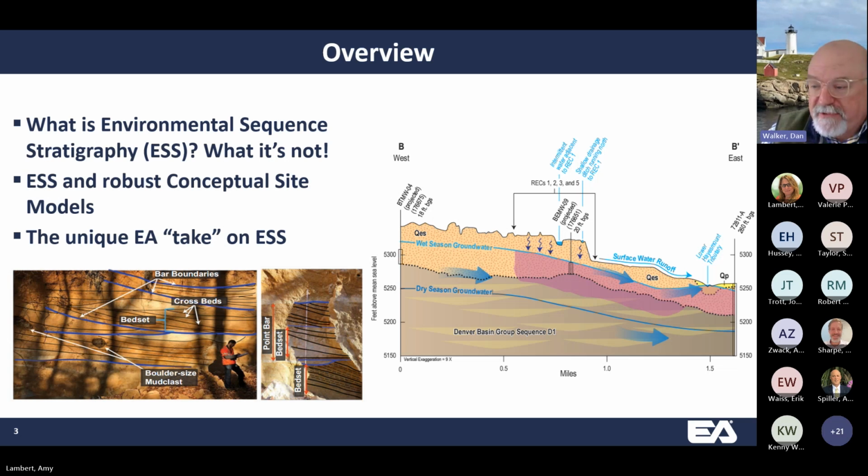It really represents a fundamental shift in how we incorporate geologic information to help us understand and identify transmissive zones where the majority of contaminant may be occurring, and to therefore reduce some of the cost and risk associated with site characterization and specifically remedial design and execution. So with that, Amy, why don't we go ahead and go to the next slide?